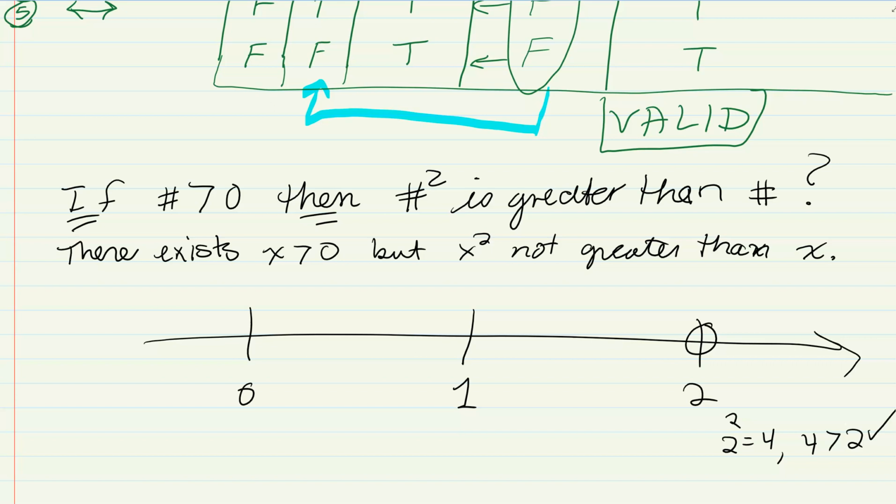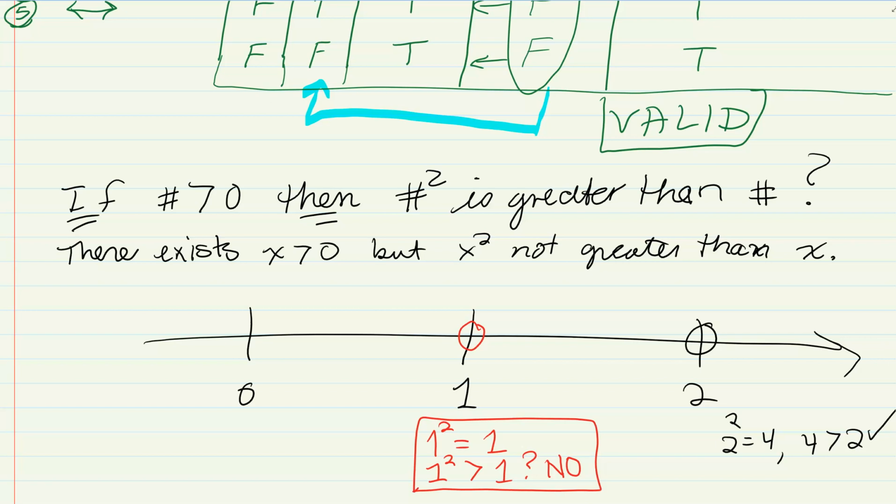However, if the number is, say, 1, 1 squared is 1. Is 1 squared greater than 1? And the answer is no, right? So what is the negation of an if-then statement?